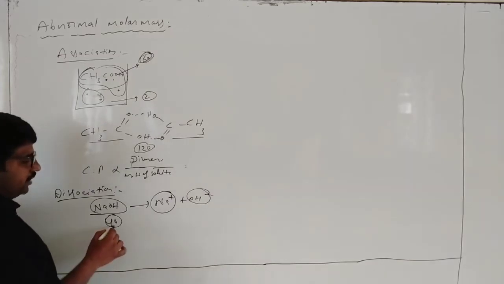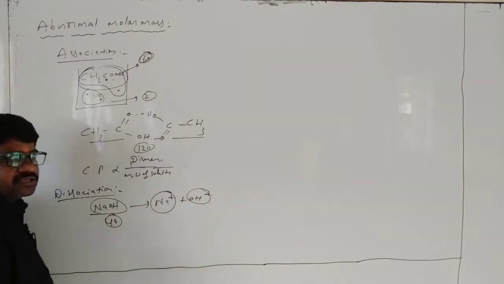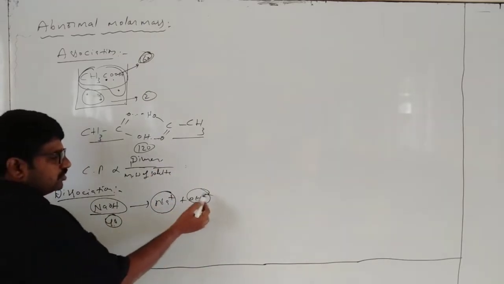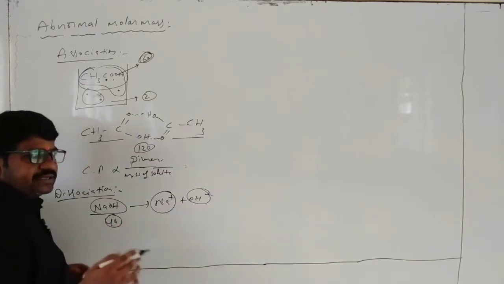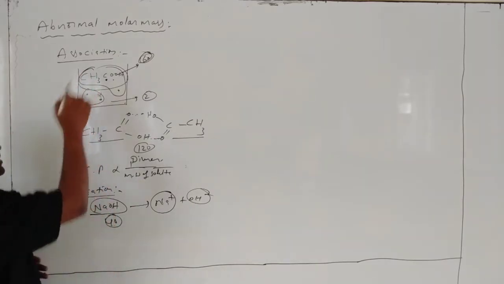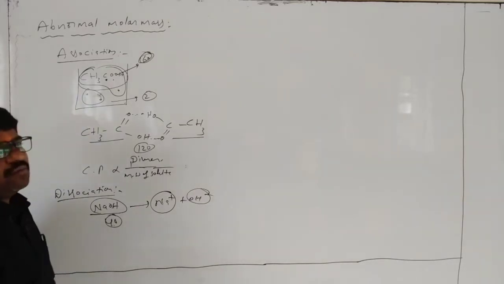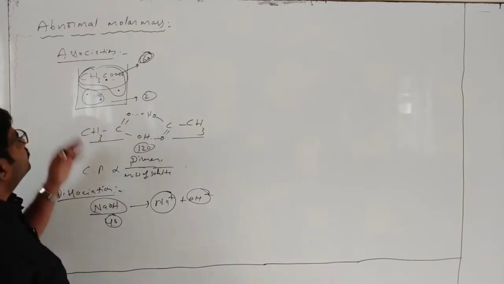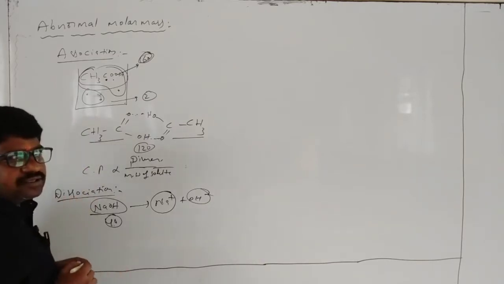So 40 grams of NaOH dissociates into Na plus and OH minus, and the molecular weights of these two are different when compared to NaOH. That is why the molecular weight changes by association and dissociation. This is called abnormal molar mass.